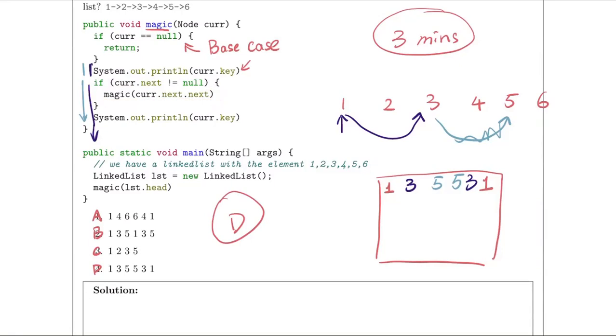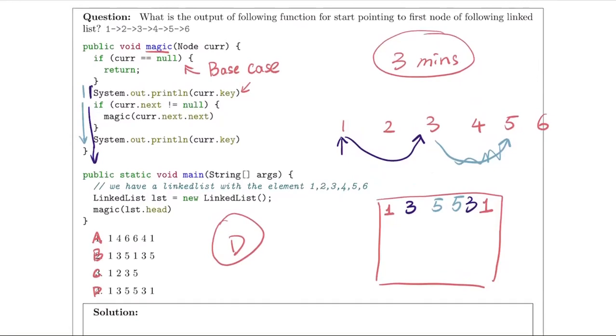Yeah, you are correct. Then we start the magic function again, and if current equals null, we return. Yeah, that hits the base case, and then we work back. Okay, cool. I just wanted to make sure it was that process.